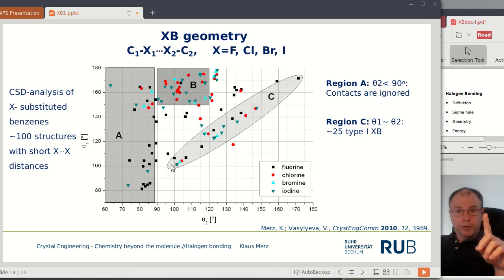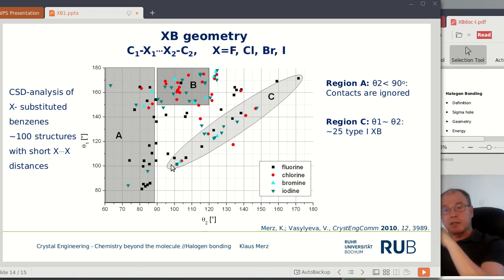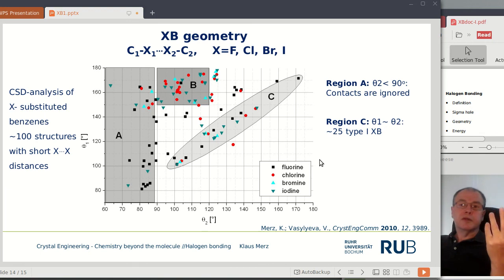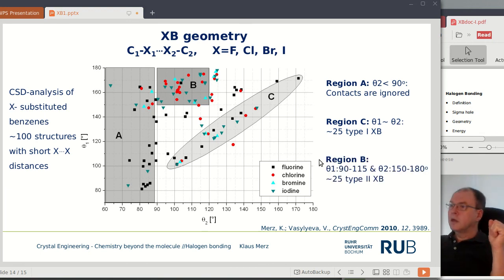Type 2 is the type with a positive sigma hole and the negative electronic belt, which is what we predict for a typical halogen bond.